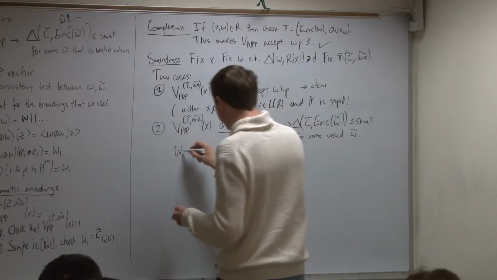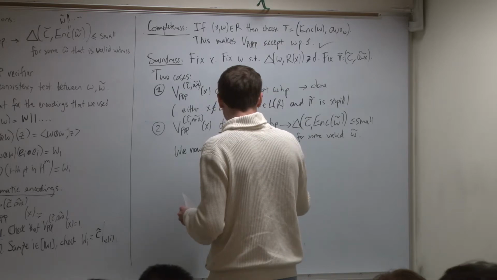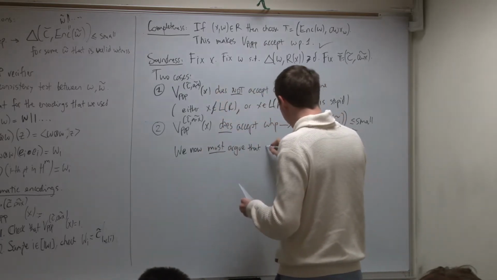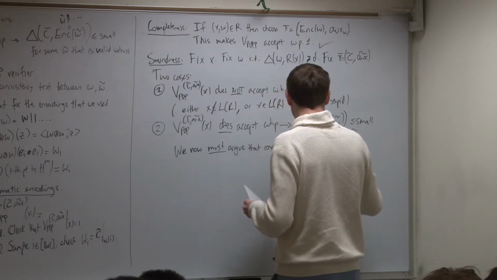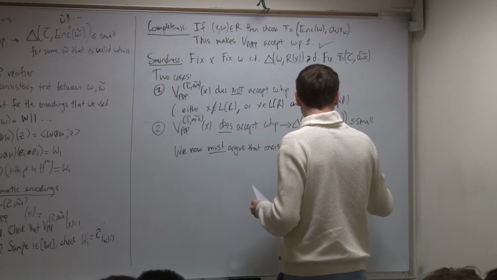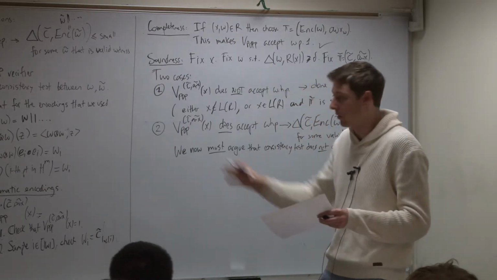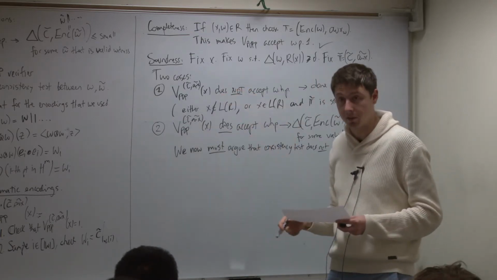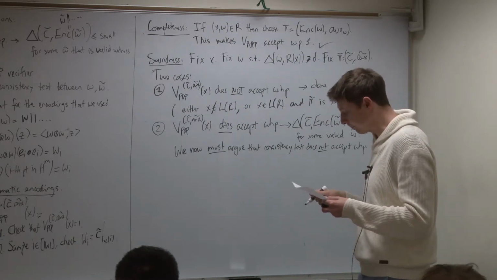So we now must argue that the consistency test does not accept with high probability, right? This is our last resort. There's no other tests. Okay? And remember, in the soundness case, we have to accept with probability at most s.